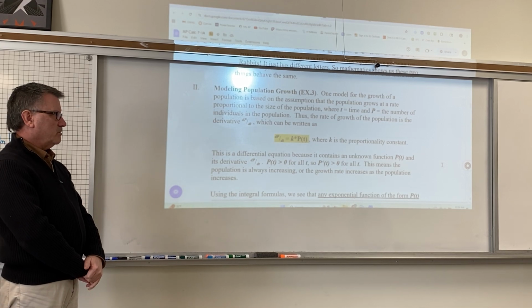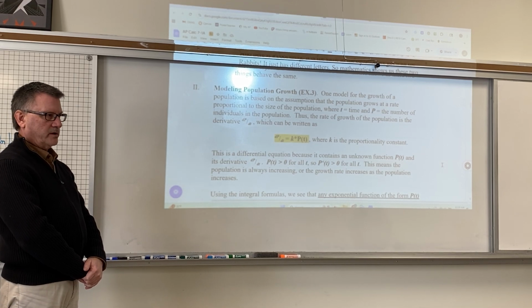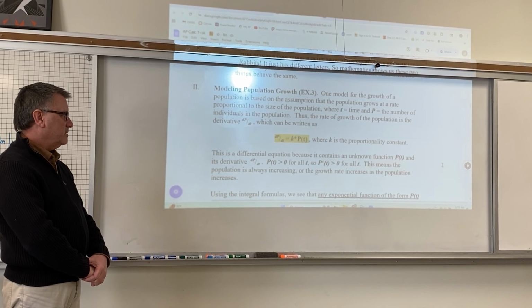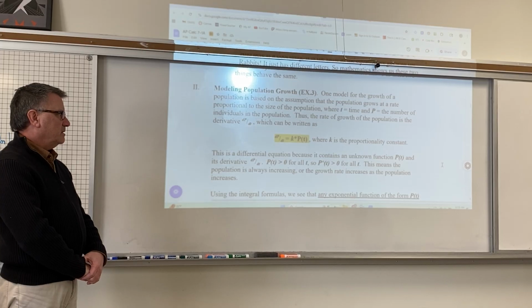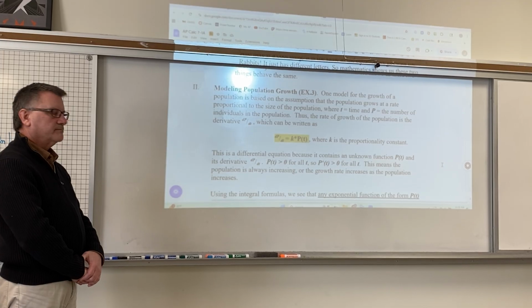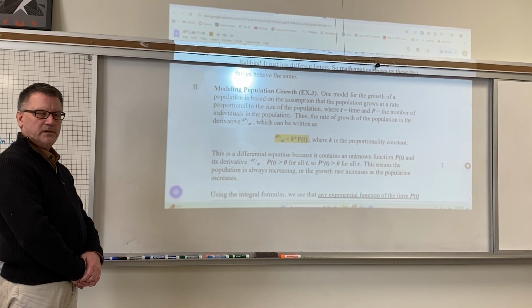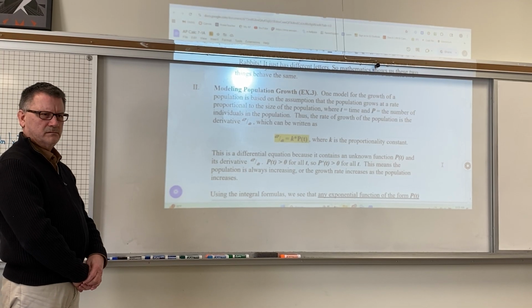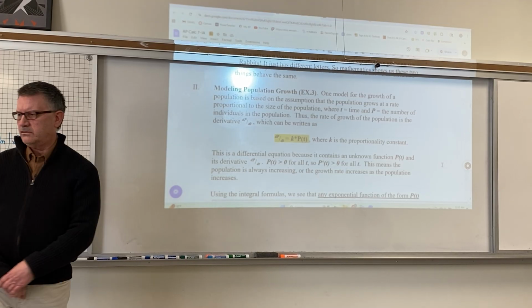The population will be growing at a rate depending on the size of the population at any time. This is also a differential equation because we have the unknown function and we have its derivative. They all kind of look the same, right? That's kind of cool.